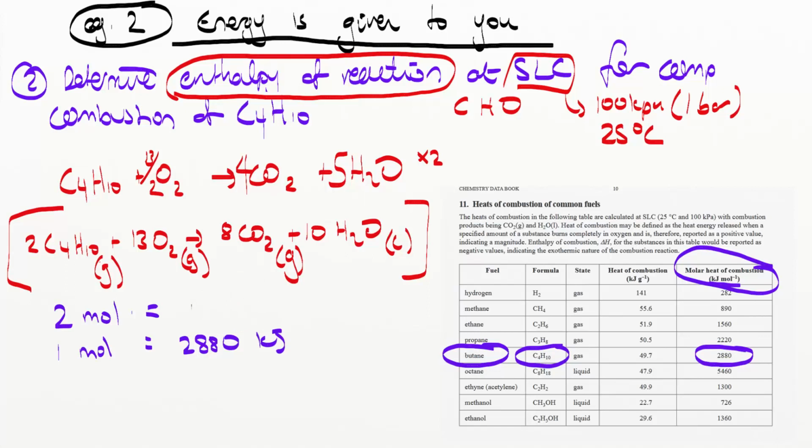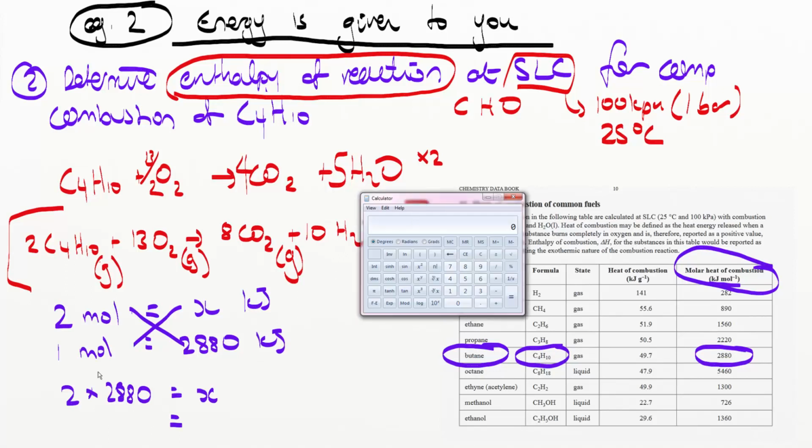So we'll make this x kilojoules. And then when we write out the 2 ratios like this, we multiply it like this. So 2 times 2,880 will equal x times 1. So I'll just leave the 1 out there. So x is therefore going to equal what? Let's go and bring up the calculator. So we do 2 times 2,880, and that gives us 5,760.